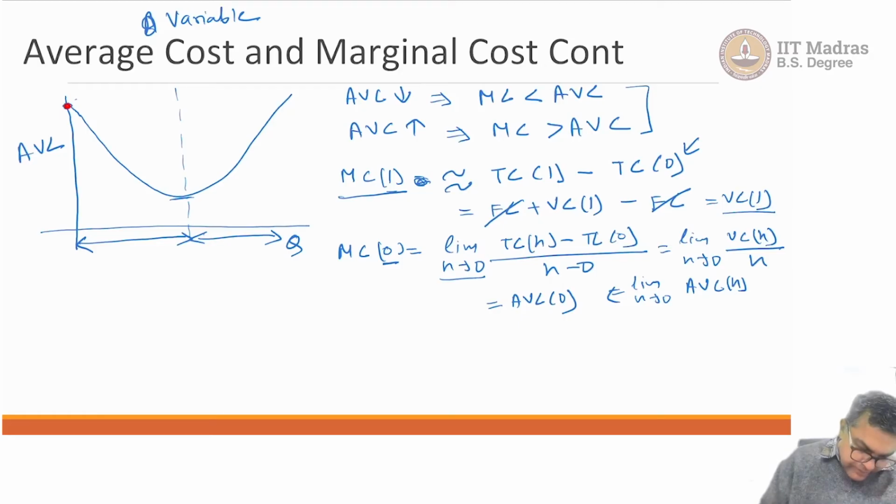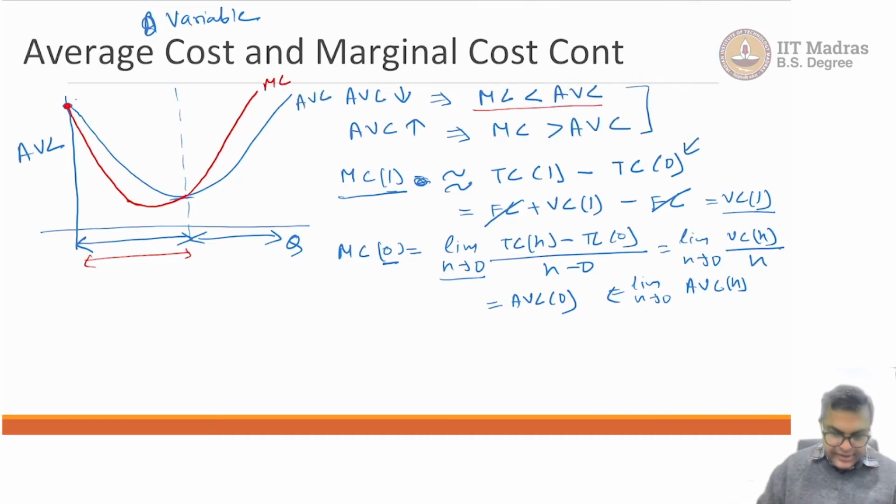And because in this zone marginal cost is smaller than average variable cost, we can say something like this, and here it crosses and it goes up. This is the marginal cost and this is the average variable cost. Okay. So, that we have to keep in mind.